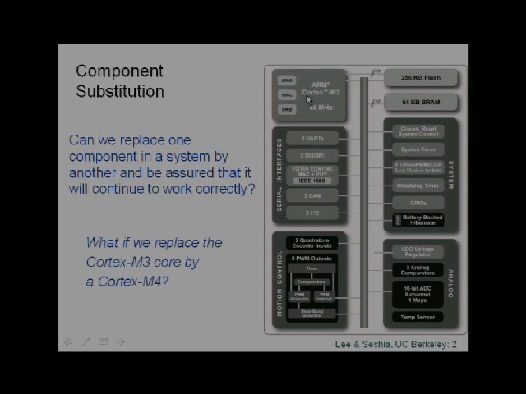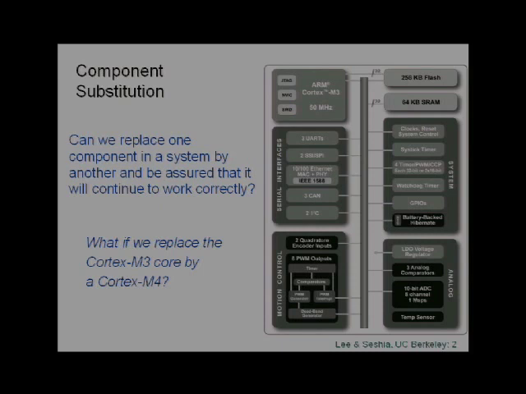A later version in the same series is the Cortex M4. Does anyone know what these differ in? So it's actually not the size of the cache, but the M4 has a floating point unit, so it can additionally execute floating point instructions.